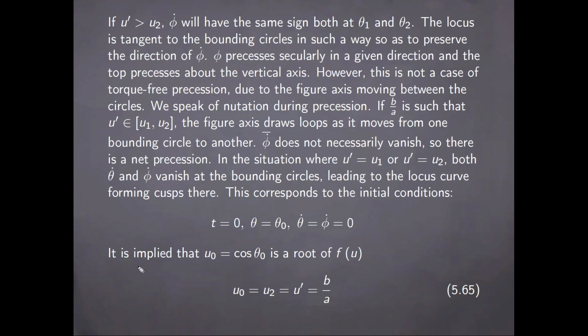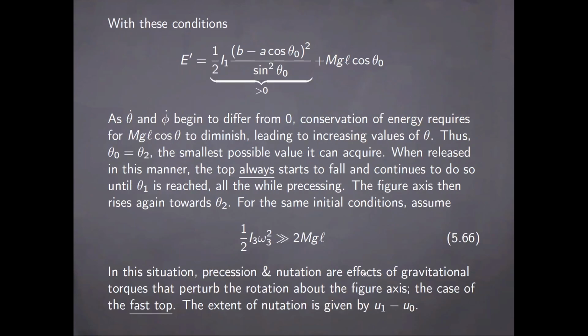So it is implied that u0, being equal to this cosine, is a root of the function f of u, and the following equality will hold. The important statement made by this relation is that the value u0, which is a root of f of u, also happens to be one of the bounding circles for the motion of the heavy top.